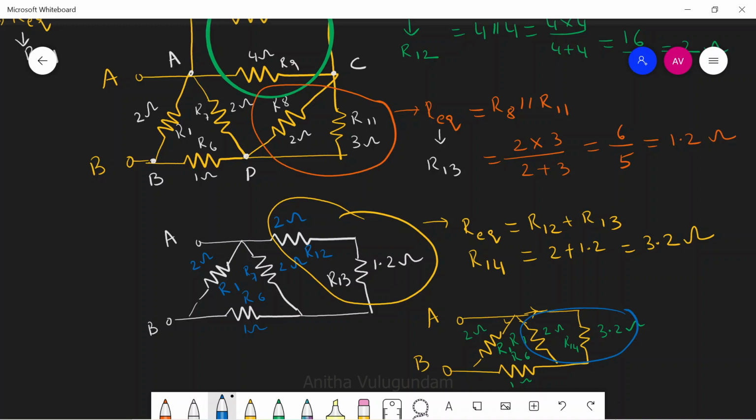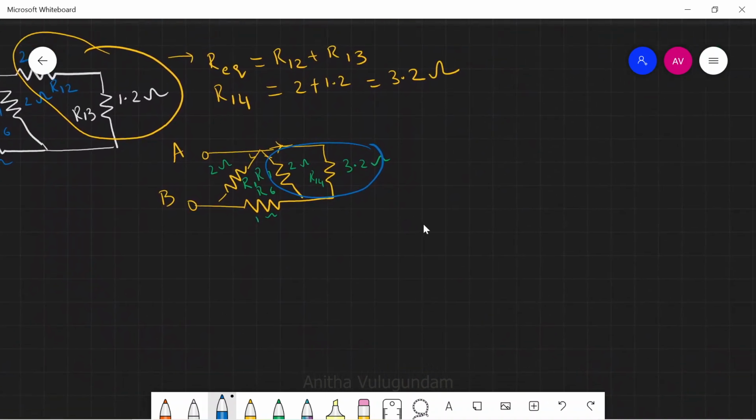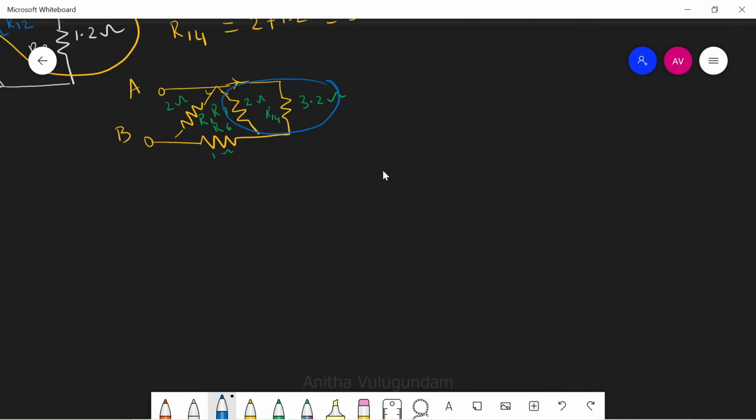We can write R equivalent equal to 3.2 into 2 divided by 3.2 plus 2, that equals 1.23 ohms. I will name this as R15. I'll redraw the circuit.